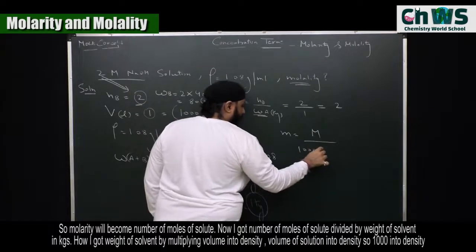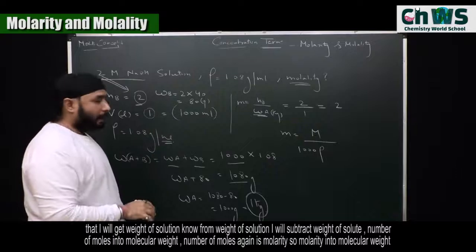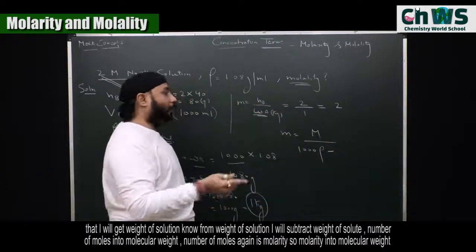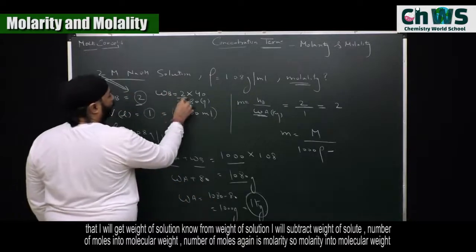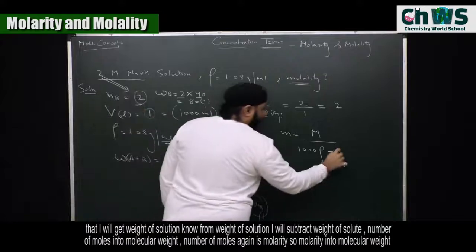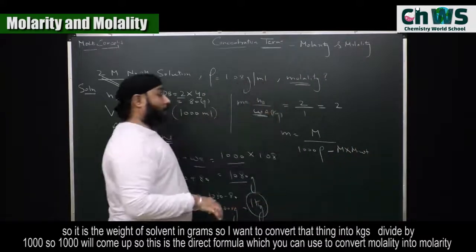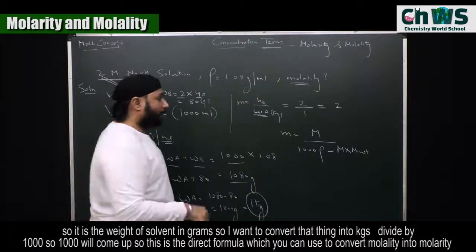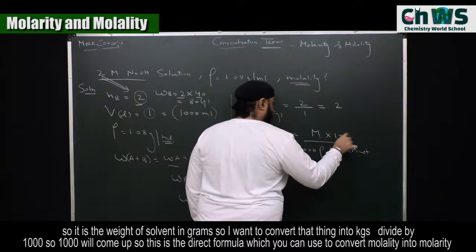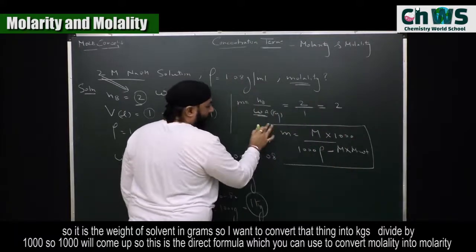So 1000 into density, that I will get as weight of solution. From weight of solution I will subtract weight of solute. How to get weight of solute? Again, number of moles into molecular weight. Number of moles again is molarity. So molarity into molecular weight. This is the weight of solvent in grams, right? So I want to convert that into kgs, so divide by 1000. So 1000 will come up. So this is the direct formula which you can use to convert molarity into molality.